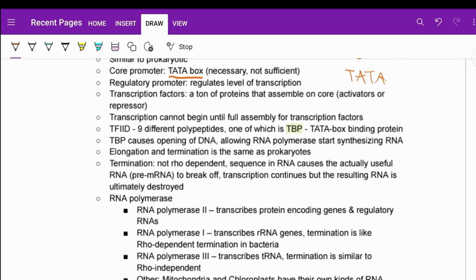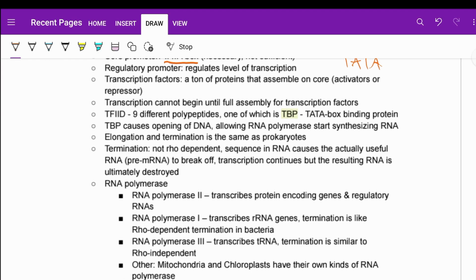So we have a bunch of different transcription factors, which are different proteins that bind to the TATA box and the promoter in general, and allow the RNA polymerase to bind and start working. So transcription cannot begin until full assembly of transcription factors. Basically, it's just a little more complex. It's not one protein; it's a bunch of proteins.